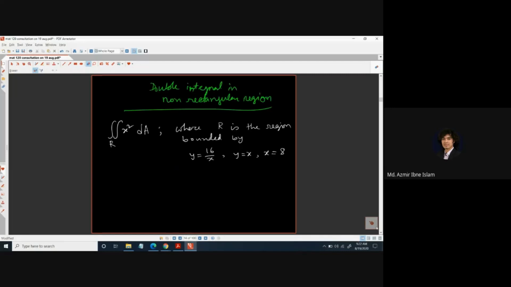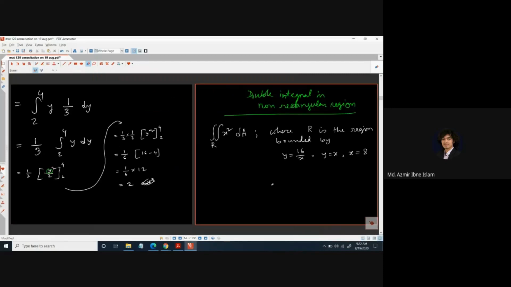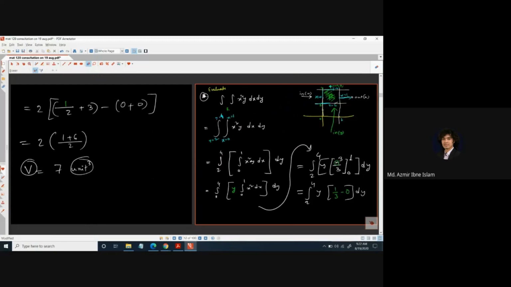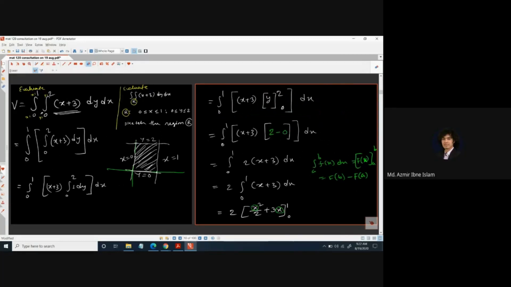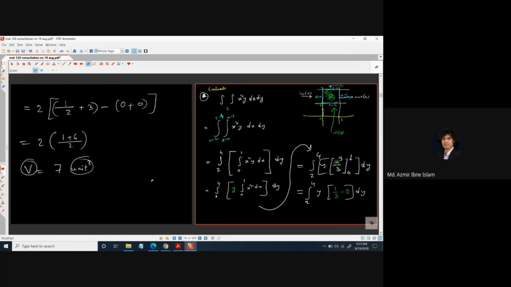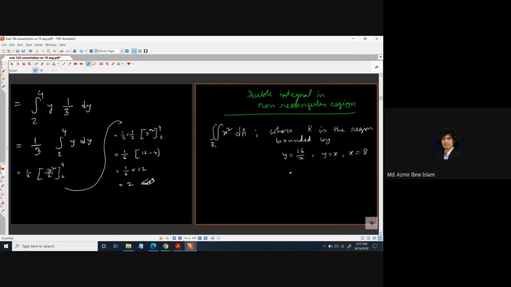For this, you have to draw all the figures that you have here. Similarly to what we have done before, with x equal to 0, x equal to 1, y equal to 0, y equal to 2, at first we drew all the vertical and horizontal lines, then went through the calculation. We will do the same thing here, where we have three functions.